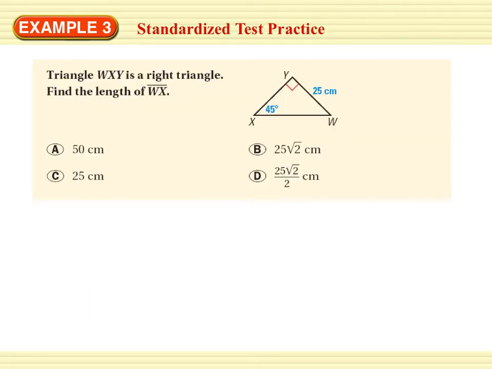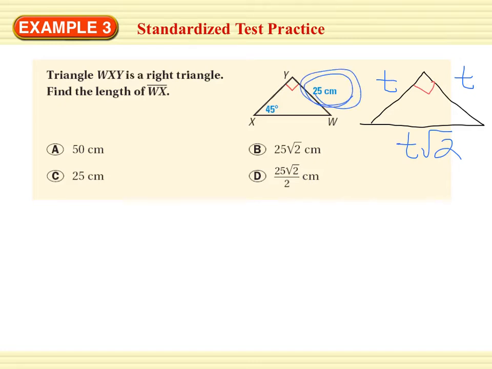Try another one. Triangle WXY is a right triangle. Find the length of WX. Every time, t, the hypotenuse is t square roots of 2. Grab what's given, match it up with your skeleton.